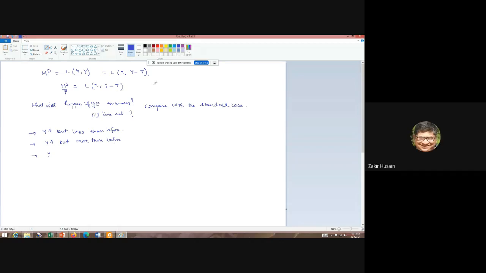No, this is a lump sum tax, T equal to T bar. So these are the three answers. Why not this one? It will add to the fun.